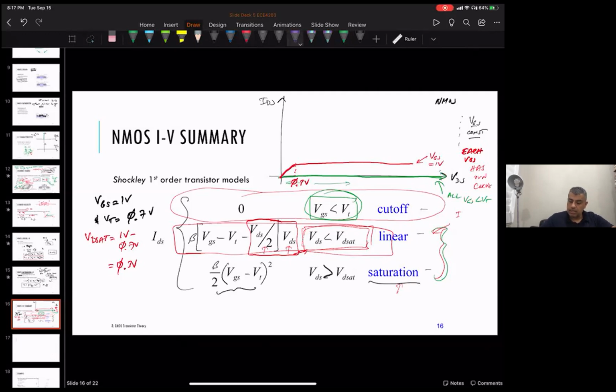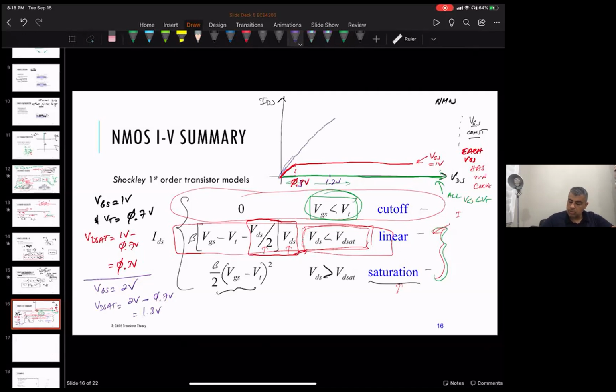Now let's use the same example, but now you want to drive VGS equal to 2 volts. VDSAT changes because we're at 2 volts minus 0.7 volts, or 1.3 volts. So this breakpoint moves from 0.3 volts to 1.3 volts. So you end up with this curve.